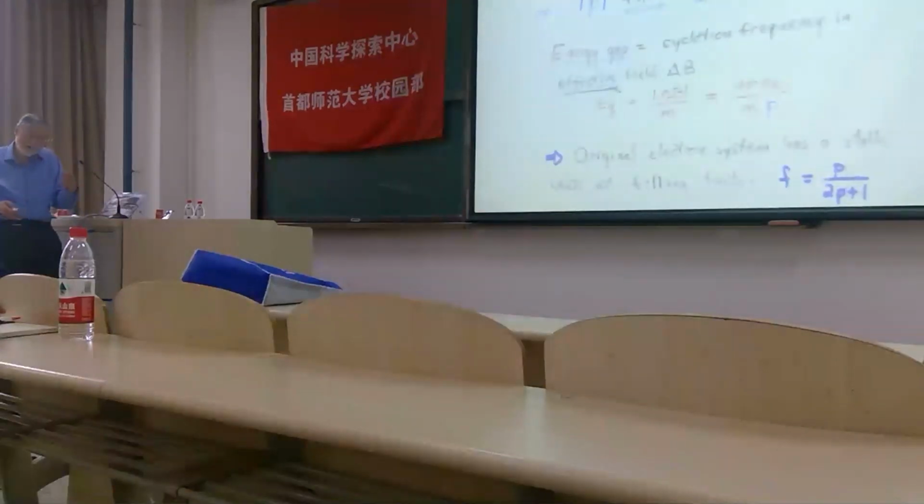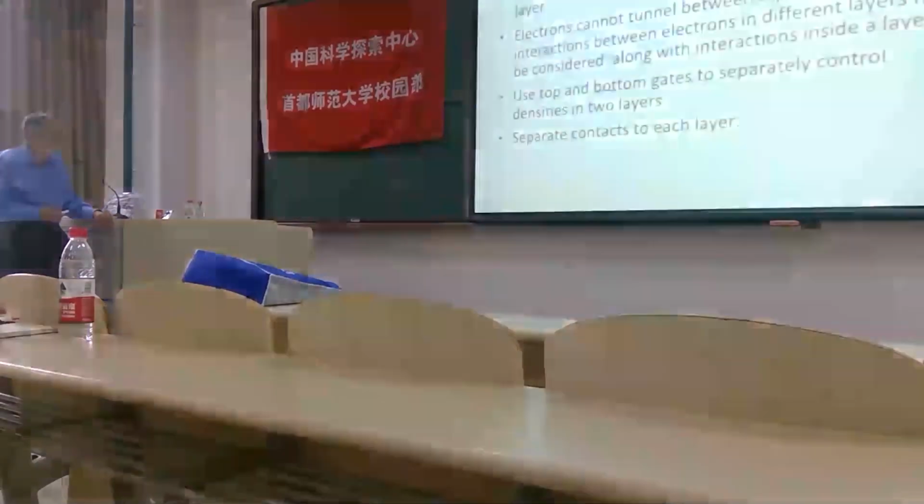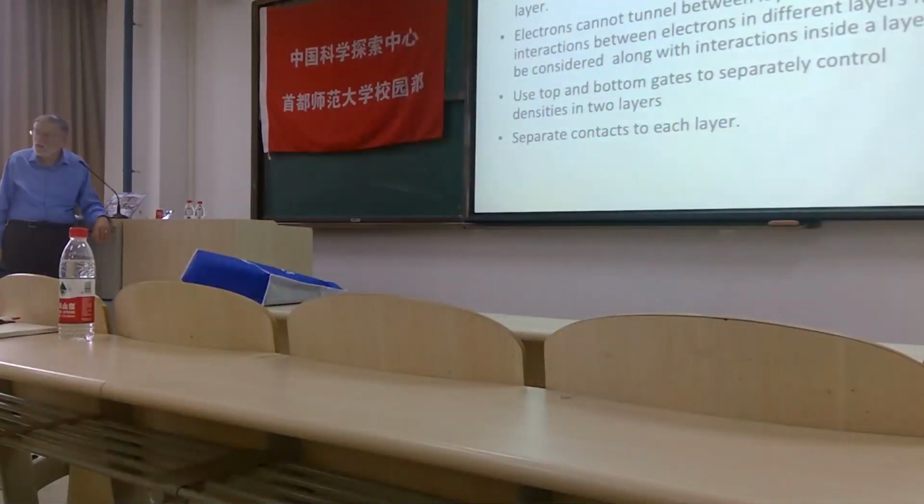Of course, it's hand-waving, and you have to do better, but this is a very good start. And it turns out that this really explains most of the fractions that have been seen. Okay, that's what I want to say about single layer.